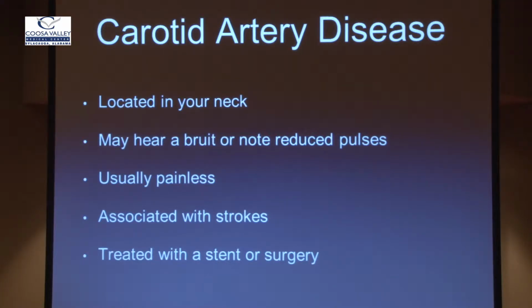Where we really get concerned, and where it happens most commonly, is when that internal carotid artery gets a blockage in it. So your doctor may say, ooh, you've got a bruit. So what's a bruit? I don't know if any of you have been to my office, I frequently will listen to your neck. I shouldn't hear a sound in your neck when I'm listening to you.